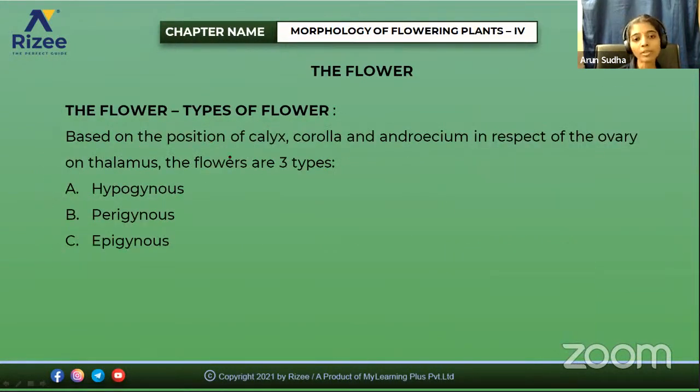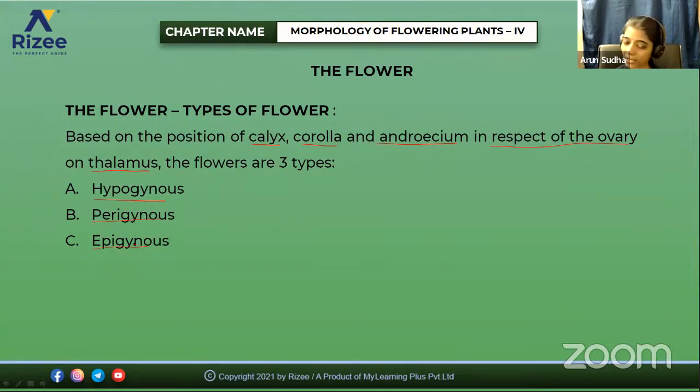Then, based on the position of calyx, corolla and androecium in respect to the ovary or thalamus. On the thalamus we saw the different whorls are attached. So based on the position of calyx, corolla and androecium in respect of the ovary on the thalamus, the flowers are of 3 types: either hypogynous, perigynous or epigynous.